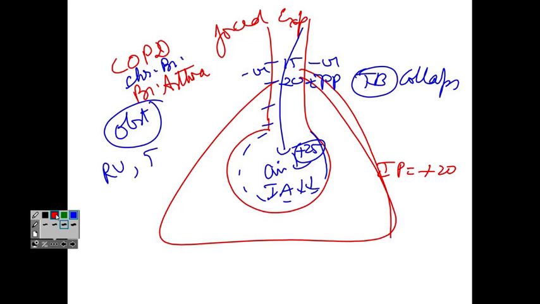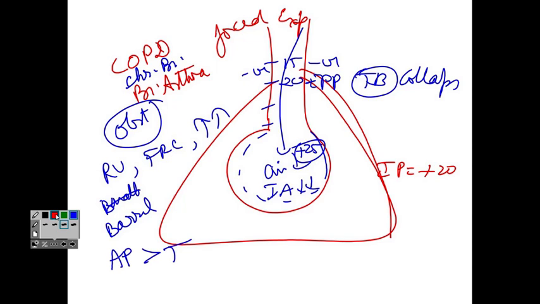So residual volume, FRC, total lung capacity, everything will increase, resulting in what deformity? Barrel shaped. What's barrel shaped deformity? Which diameter is greater? Anterior-posterior diameter is greater than transverse. So they may not tell barrel. They may tell the patient has a higher anterior-posterior diameter compared to transverse. That indicates it is barrel shaped.